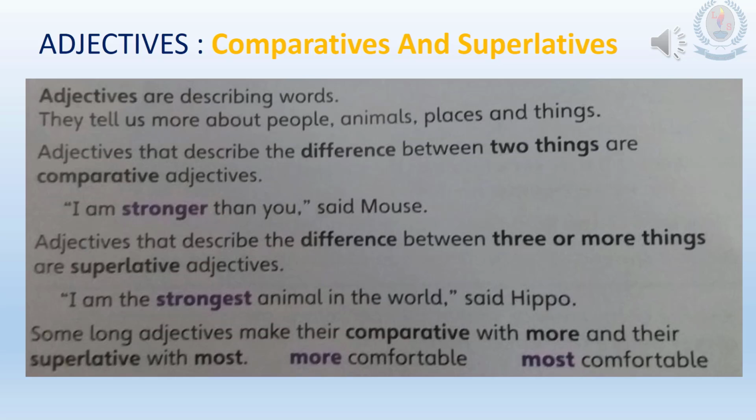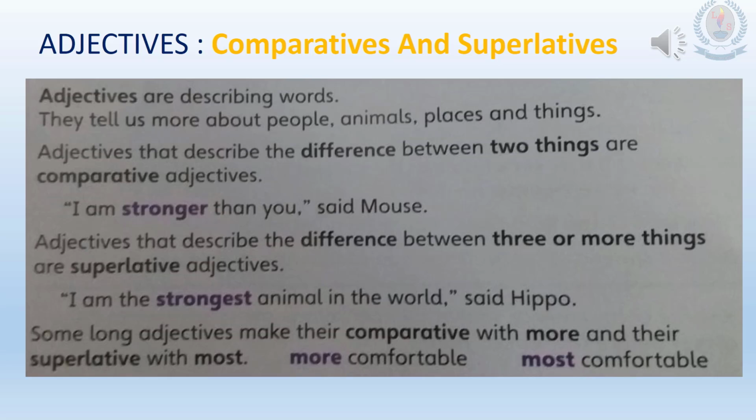For example, "I am the strongest animal in the world," said Hippo. So here, Hippo is comparing with the animals in the world. They have used three or more things, so we use superlative adjectives.